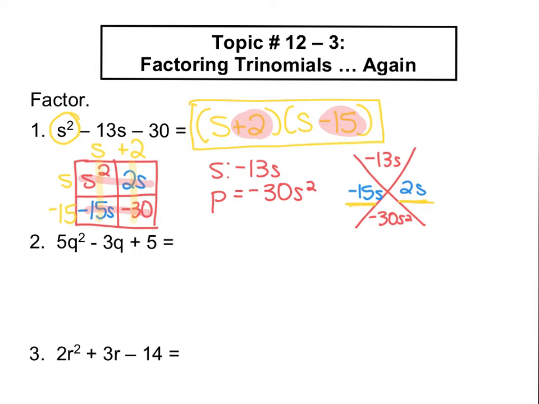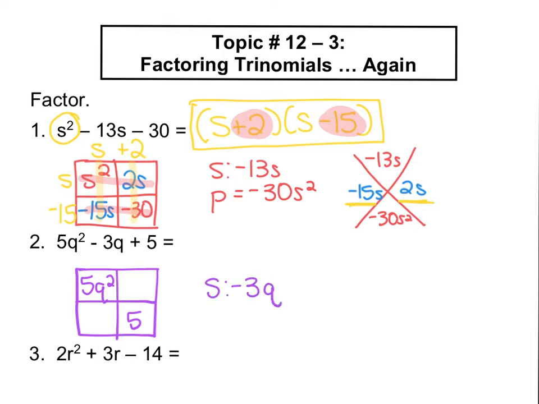This is where things change just a little bit today. So top left, 5q squared and 5 in the bottom right. My sum, I want something that adds to negative 3q and multiplies to 25q squared.